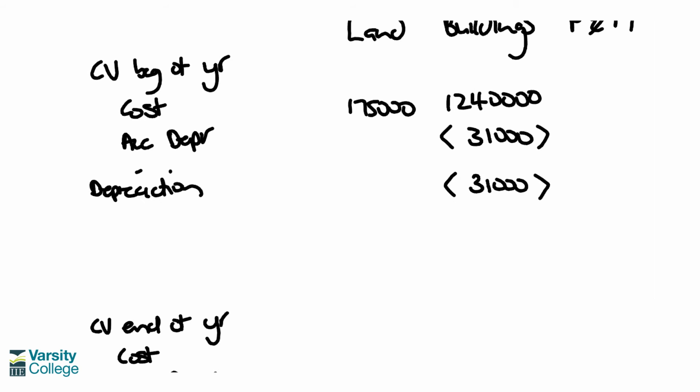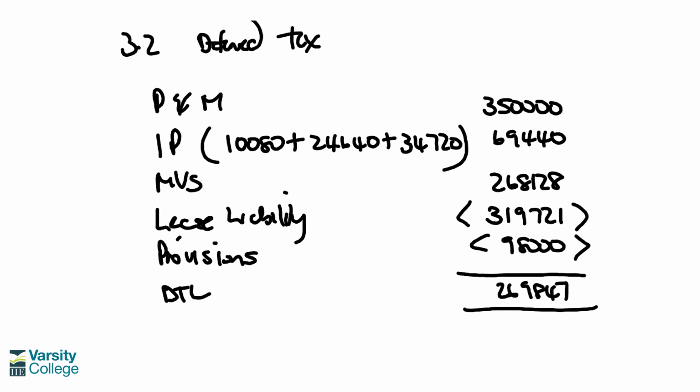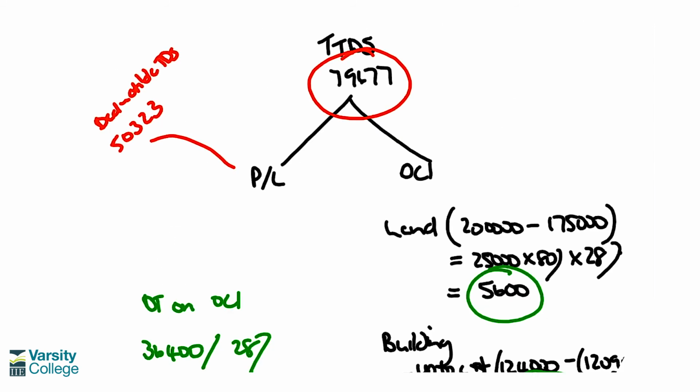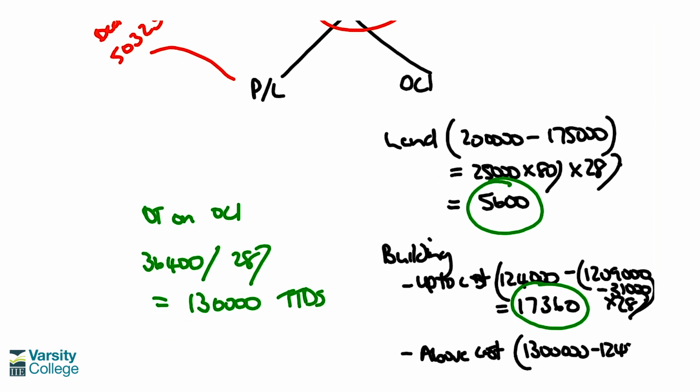Then we revalued, so the revaluation, and that's from part 2 of the question. Just to remind you, when we did the calculation of the OCI, so we did the land there, we can see that the revaluation came to 25,000 of the land, and the building was split into 2 parts, but the easiest way to do it is actually to just look at the figure here, 1300, because that's the figure when we transferred it, and the 1209 minus the 31,000, because that was the carrying value on date of transfer.